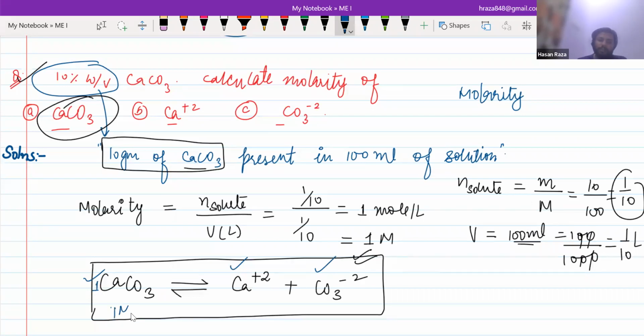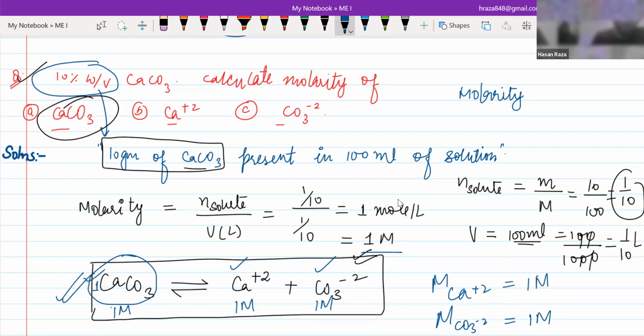One molarity of this gives one molarity of this and one molarity of this. How much molarity of CaCO3 do we have? One. So the molarity of Ca plus 2 will be equal to 1 m, and molarity of CO3 minus 2 will also be equal to 1 m. Is that clear?